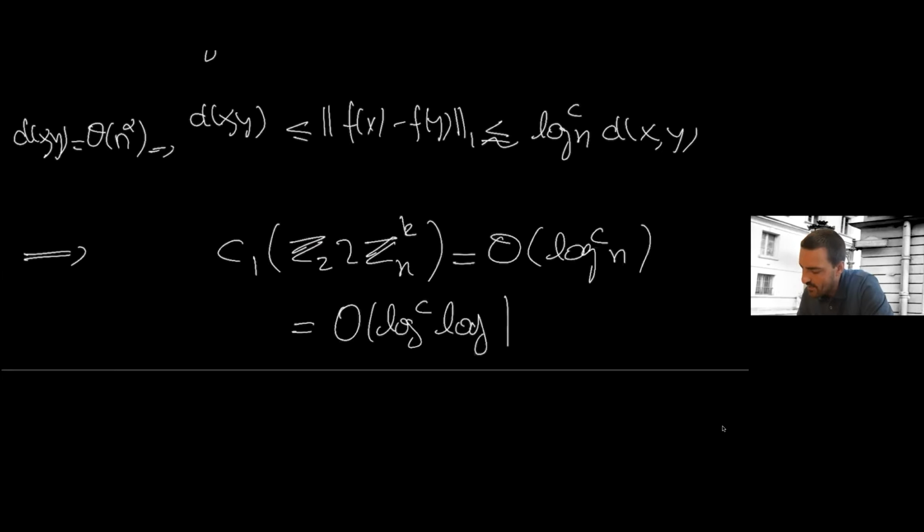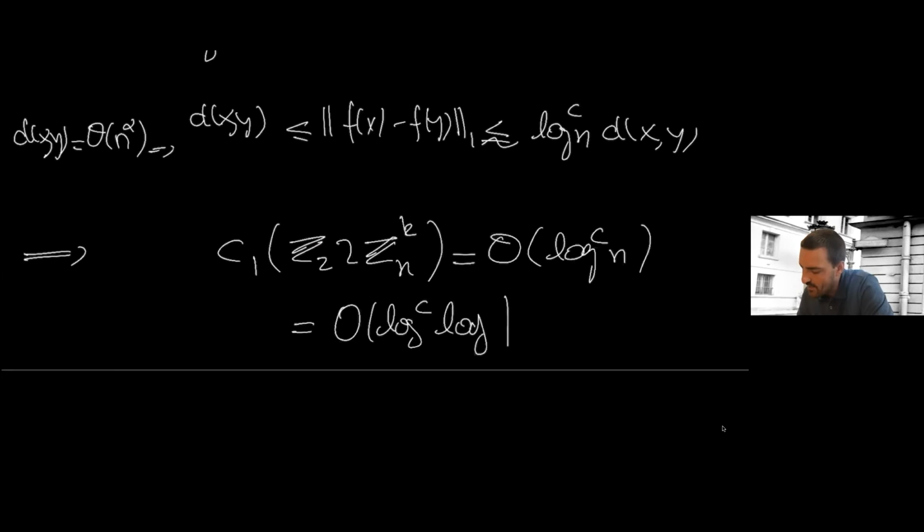And so if you know Bourgain's result, Bourgain's famous embedding theorem says the following. For every metric space X, the L1 distortion of X is at most a constant times log of the number of points.